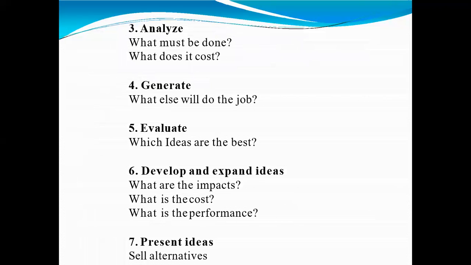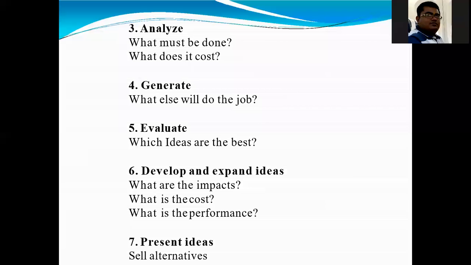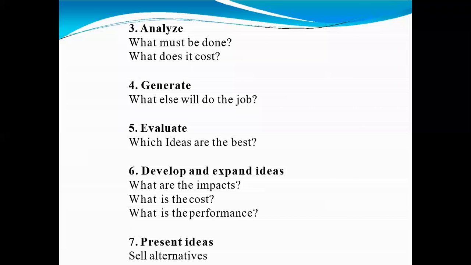Third one, analyze what must be done. What must be done, what does it cost, how is the cost incurred, and how will the particular things work, so that we have to think.